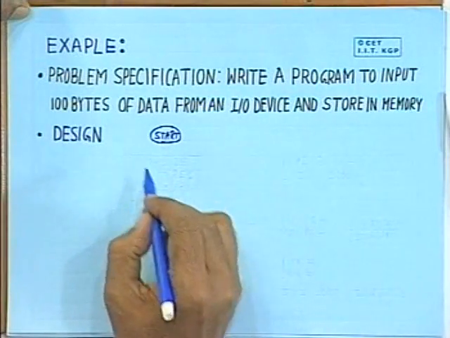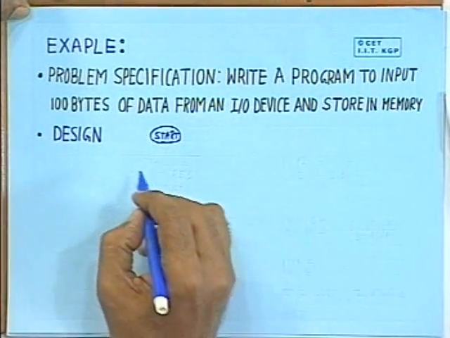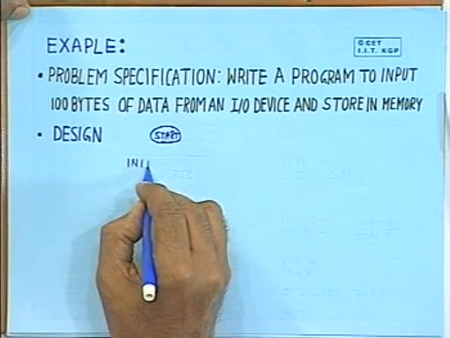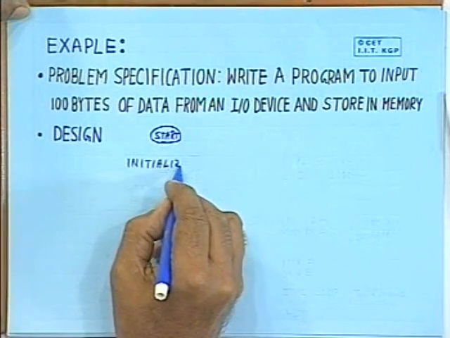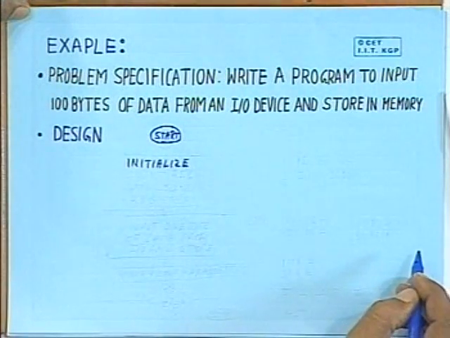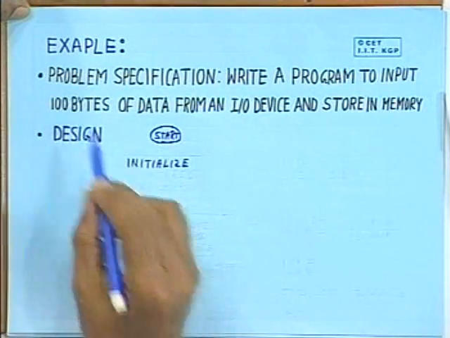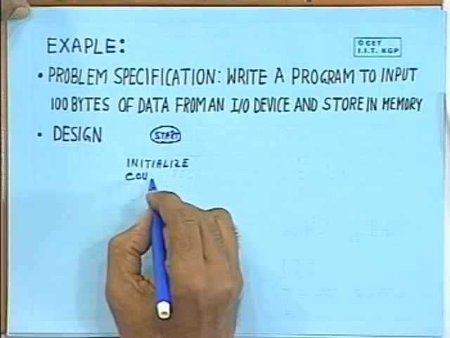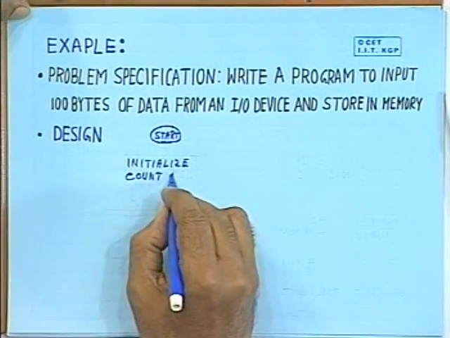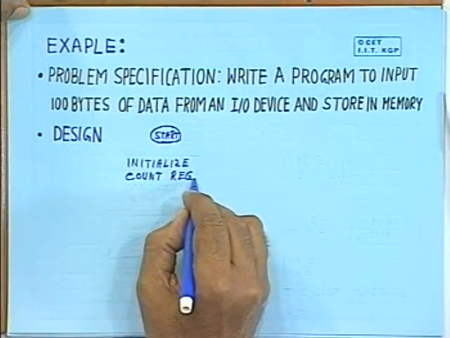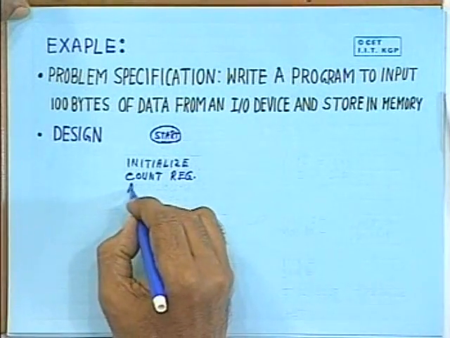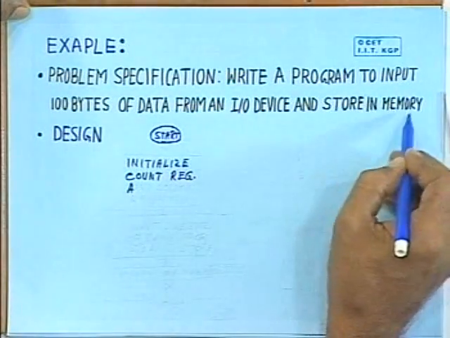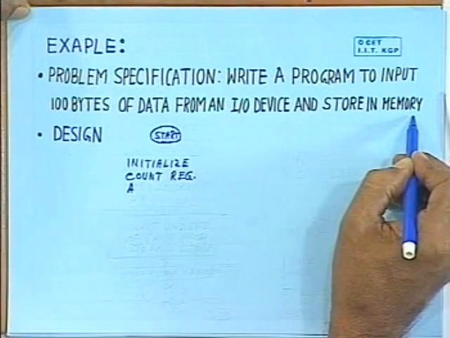So here in the beginning, you have to initialize 2 things. You have to keep count of the number of bytes, so you set one count register with some value, and also you have to keep track of the memory location where you have to store.